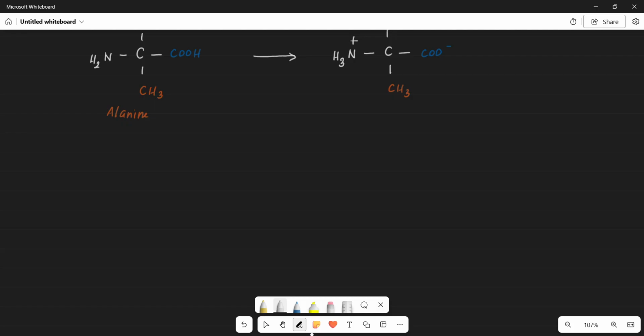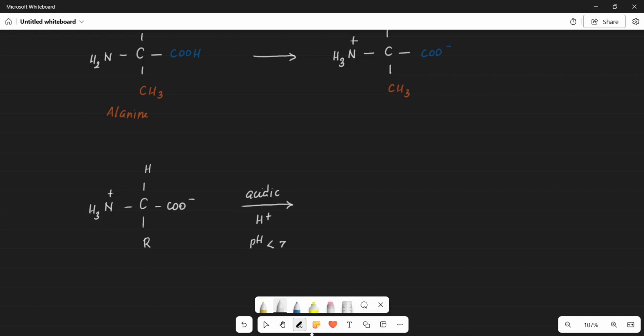So when I consider the zwitterion of glycine or any general, I will take CH, general R, then I have COO minus and NH3 plus. When I consider the medium as acidic, the medium is acidic means the medium has hydrogen plus ions. The pH is less than 7. Now what is going to happen?